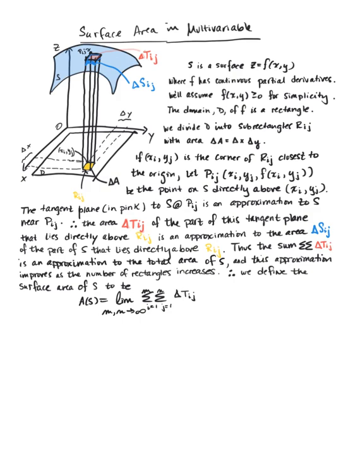Thus, the sum of delta T sub ij is an approximation to the total area of S. And this approximation will improve as the number of rectangles increases. Therefore, we define the surface area of S to be the limit of the sum of the areas of these tangent planes as m and n go to infinity, with j from 1 to n and i from 1 to m.